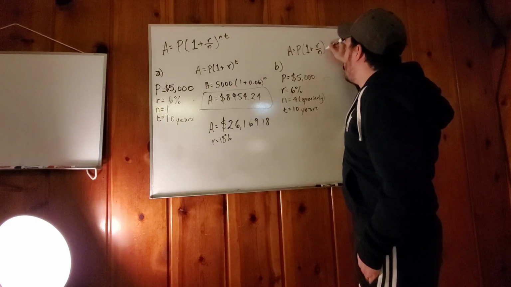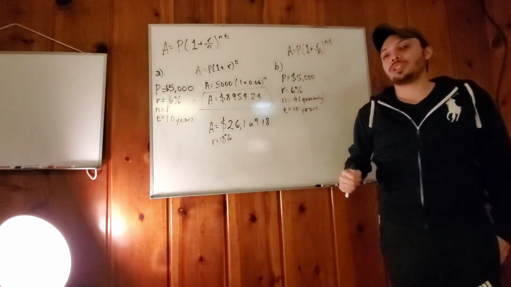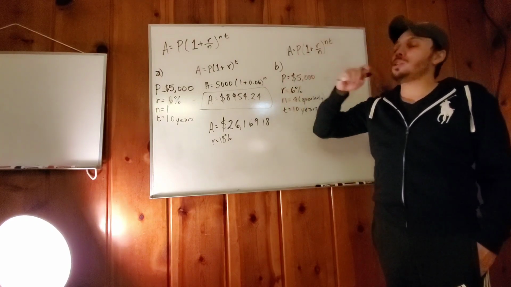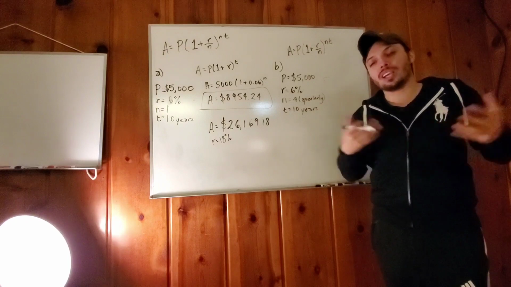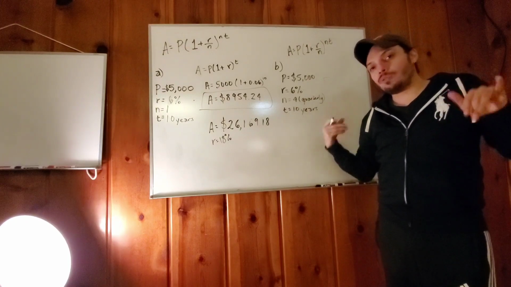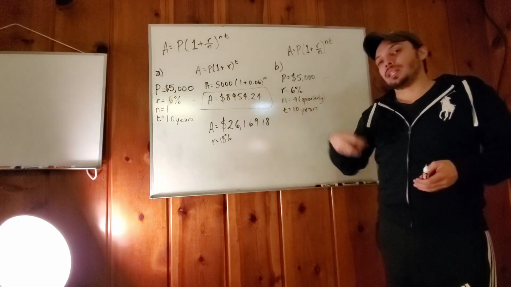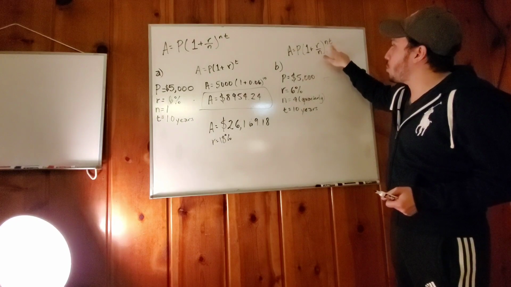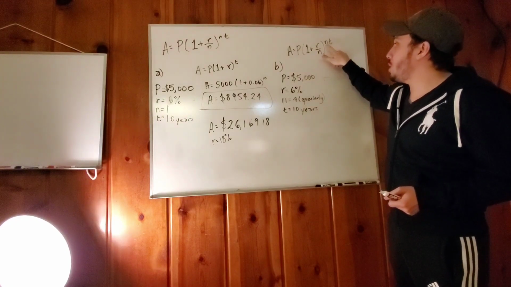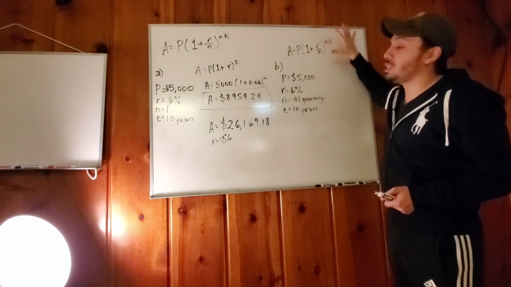Now we do need n, because n right now is quarterly. Quarterly means 4 times a year. So 4 times a year, we're going to divide 6% by 4. You would be like, oh, that's pretty nice, because if we divide 6% by 4, it's probably going to be less. But you have to guess again, because we're also using this n to raise it to that exponent.